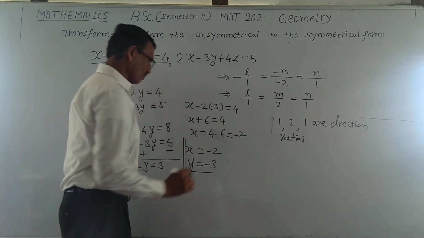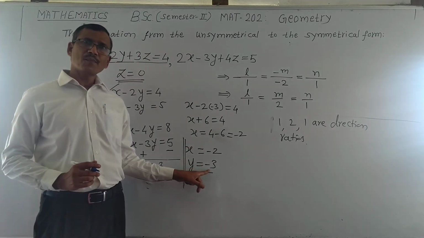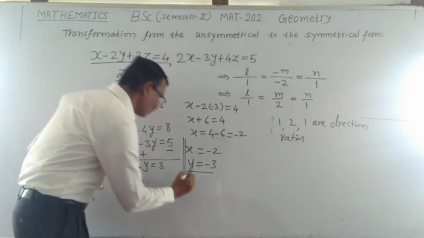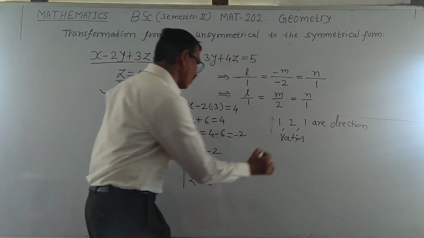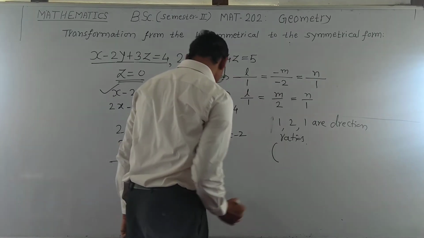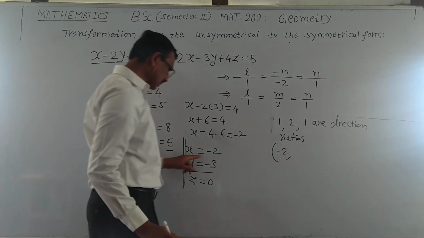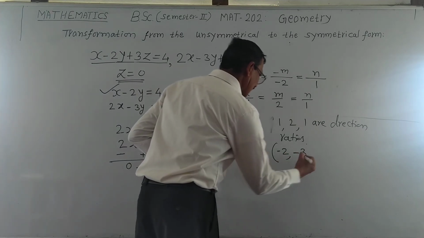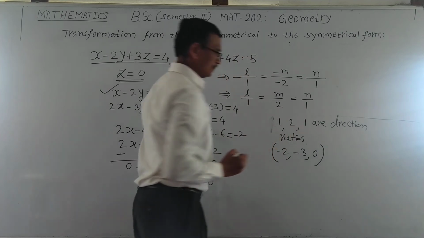Look, we get x equals minus 2, y equals minus 3, and z equals 0. That means the coordinates of any one point which lies on the given line are: x coordinate is minus 2, y coordinate is minus 3 and z coordinate is 0.